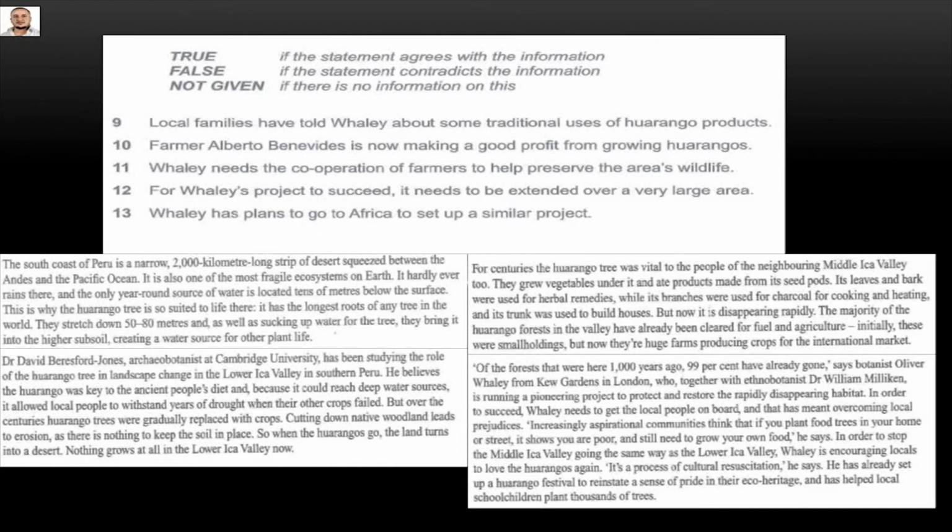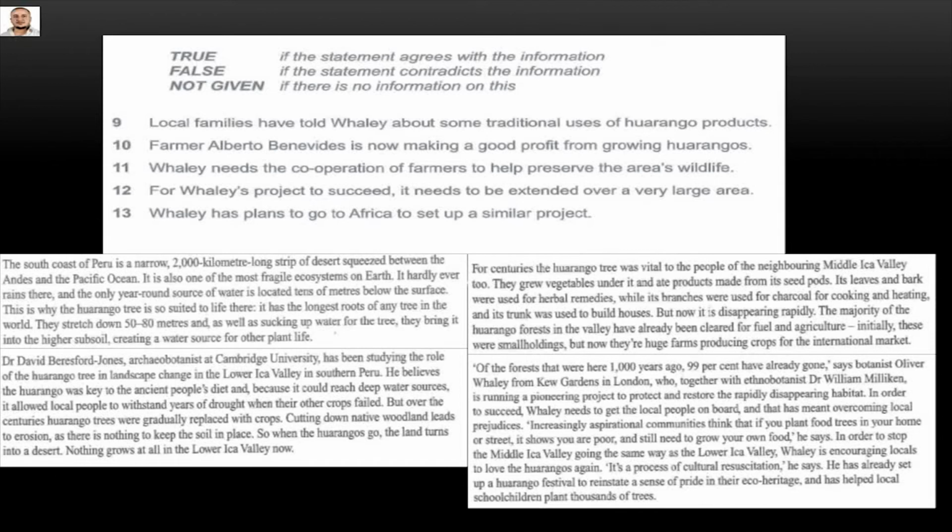From Kew Gardens in London, who together with ethnobotanist Dr. William Milton is running a pioneering project to protect and restore the rapidly disappearing habitat. In order to succeed, Wally needs to get the local people on board, and that has meant overcoming local prejudices.